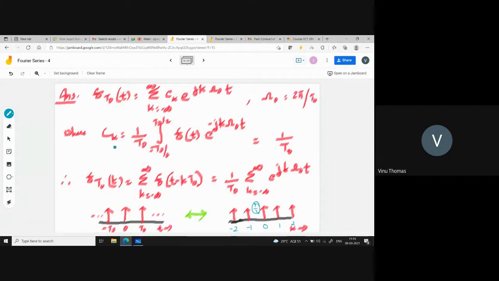Now Ck you can write as 1 by t0 times the integral from minus t0 by 2, somewhere here, to plus t0 by 2, somewhere here, the integral over one period. What is the function in one interval? Let me ask this question to Alvin.